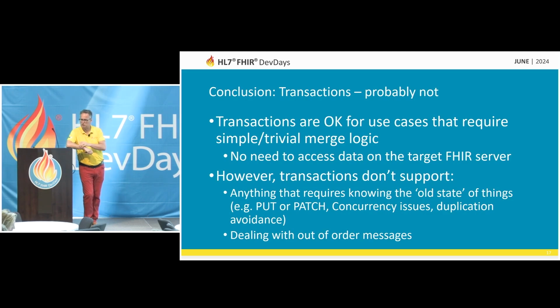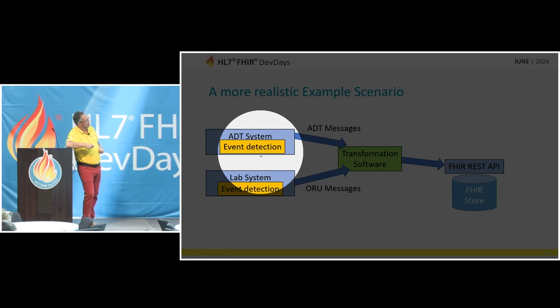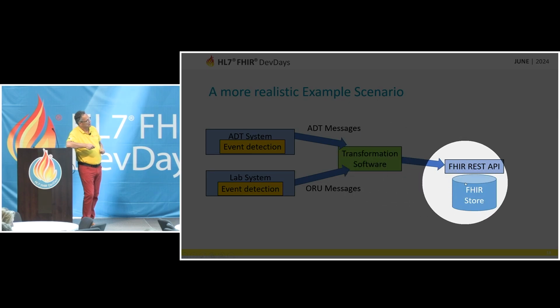You could. It depends a bit on your use case, and if you have a simple use case and some simple ADT messages, you may be able to get away with that. But in general, that doesn't really help you that much. Okay, let's look at the more realistic scenario. So this is the image that we saw before. We have an ADT feed, we have a lab feed, we have some transformation software, and we update our CDR.